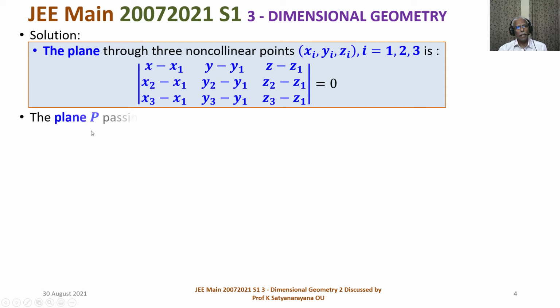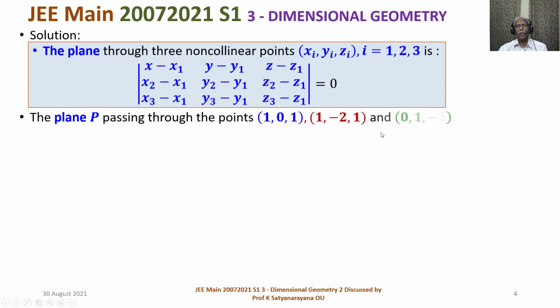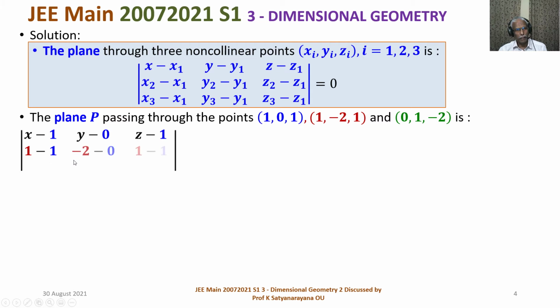And we have the three points (1, 0, 1), (1, -2, 1), (0, 1, -2). They are to be respectively taken as (xi, yi, zi) for i = 1, 2, 3, and the equation of such a plane is the determinant of x minus 1, y minus 0, z minus 1, then 0, -2, 0, then -1, 1, -3, and accordingly you fill up the determinant.